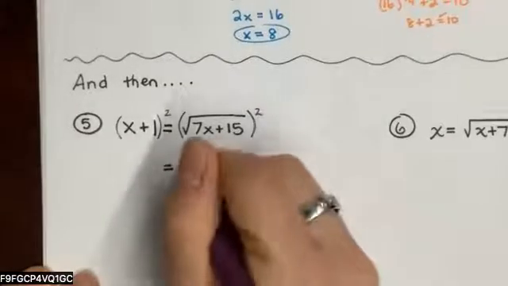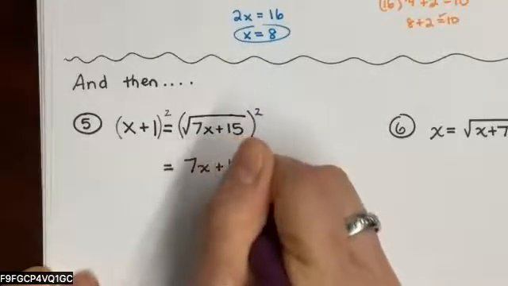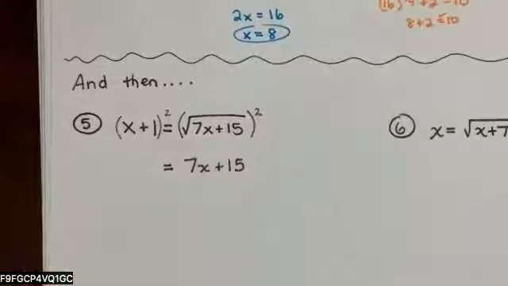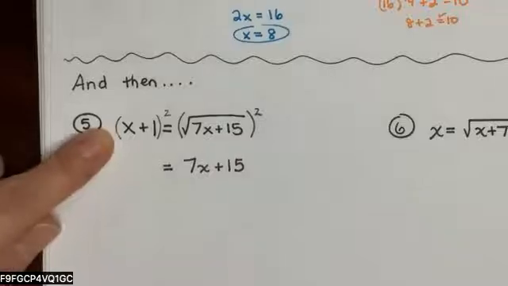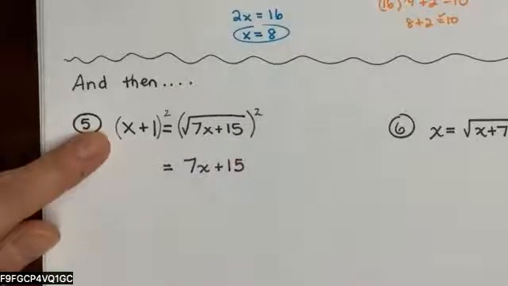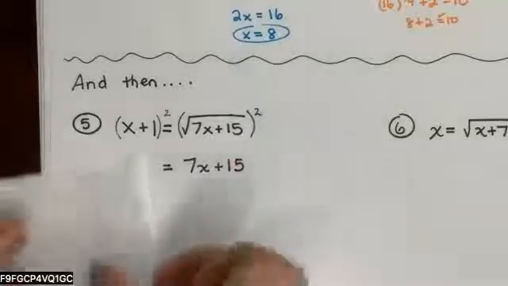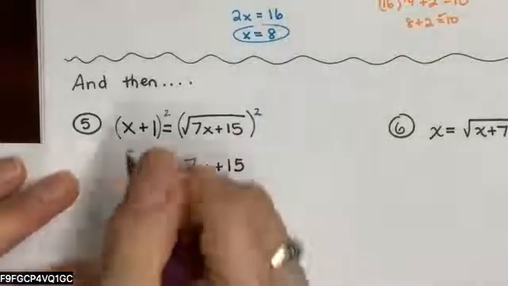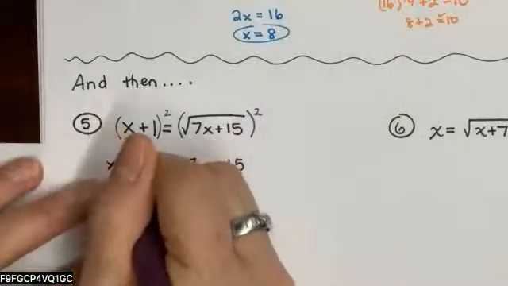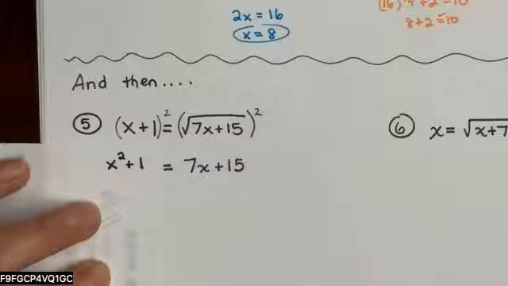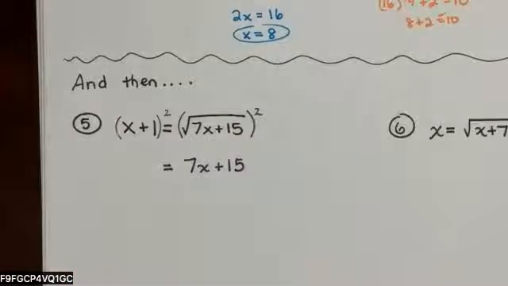If I square a square root, the squaring cancels the square root sign and just dumps out the radicand. But when I square x plus 1, I do not get, not now, not ever, will I get x squared plus 1. No way, no how is that ever going to happen.